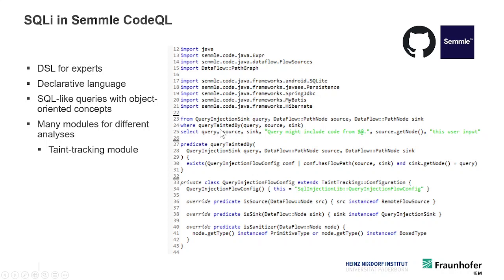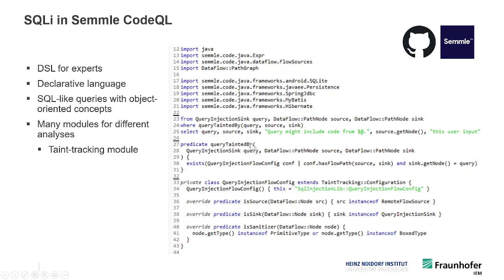The result of this query will return the query itself, the source location, the sink location, and a message. So you can construct messages like this: query might include code from source, this user input.